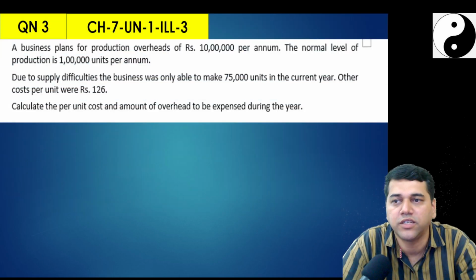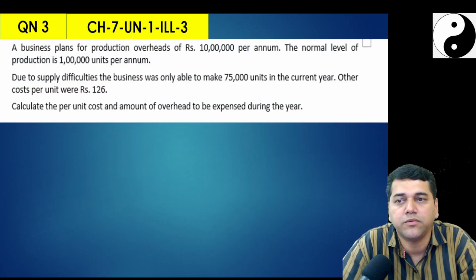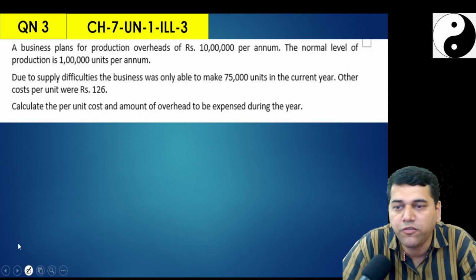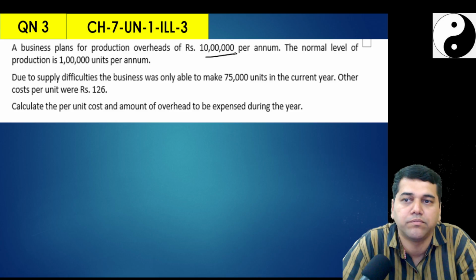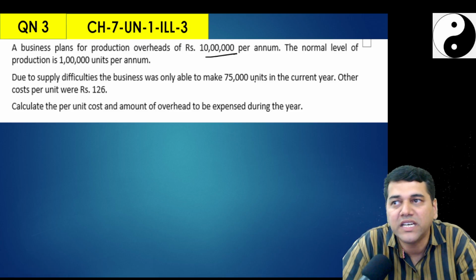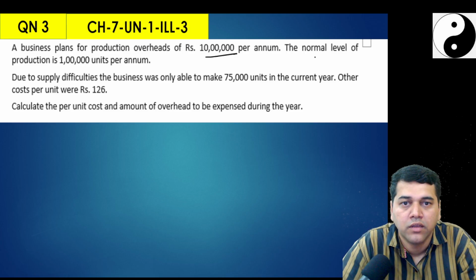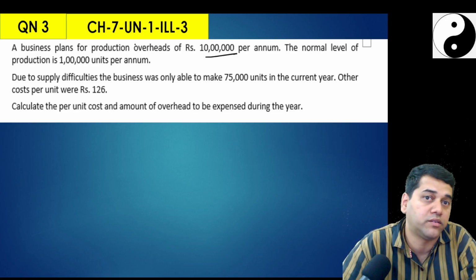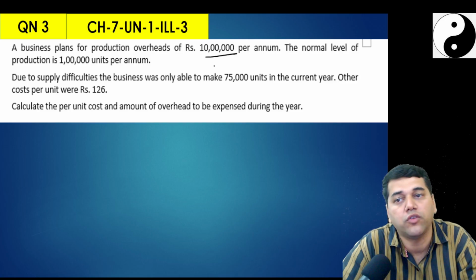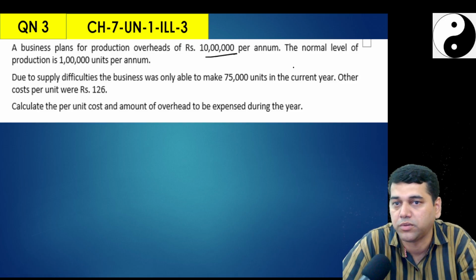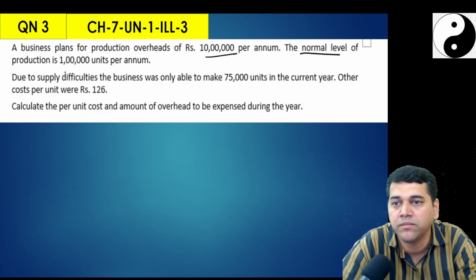It is illustration 3. A business plans for production overhead of 10 lakh rupees per annum. Now you are going to incur 10 lakh rupees production overhead. See, the moment it is the production overhead, assuming it to be fixed, you should look for the capacity for allocation purposes. And what is your normal level of capacity? 1 lakh.